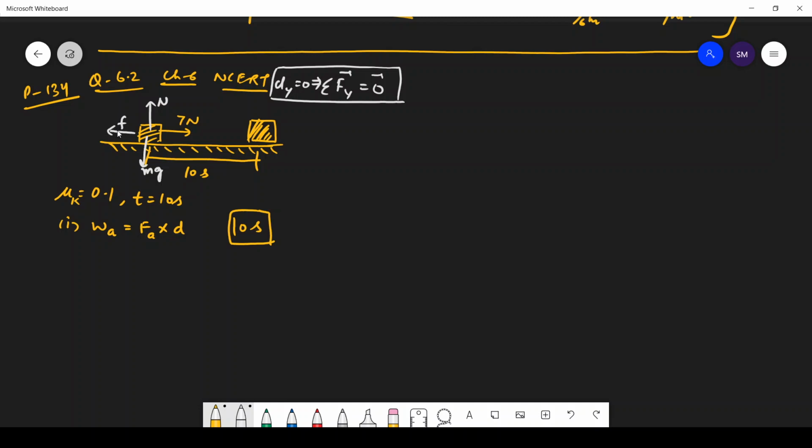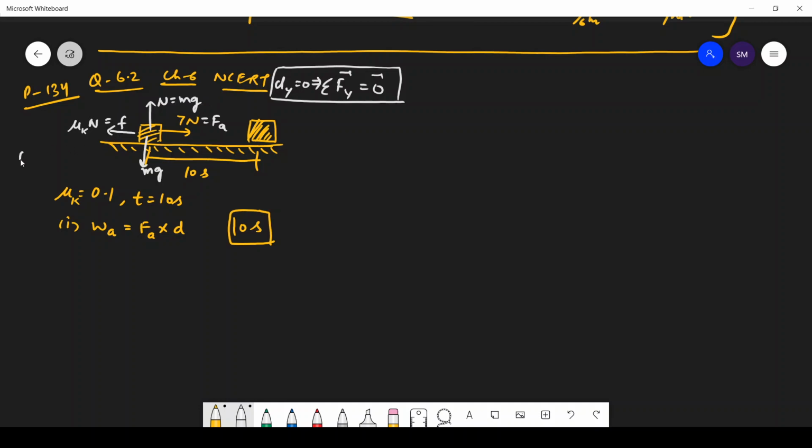So what is force of friction? I know the applied force, but what is F? So F is equal to mu k into the normal reaction. I have just discussed that the normal reaction and mg are equal, so that is equal to mg.